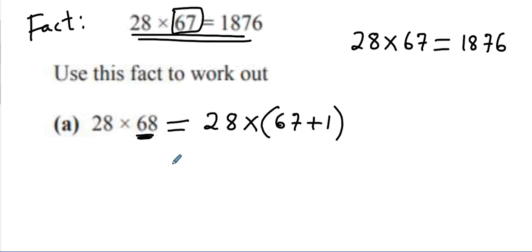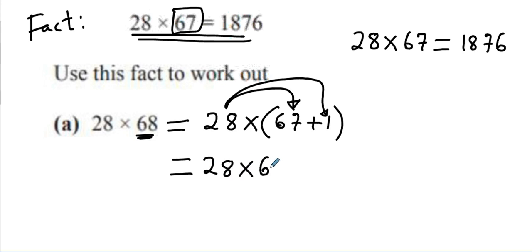Okay, so we are not far away from the question. Now, what we do from here, take 28, multiply by 67, and the same number 28, multiply by 1. Okay, so I mean this. Take 28 multiplied by 67, then plus 28 multiplied by 1.